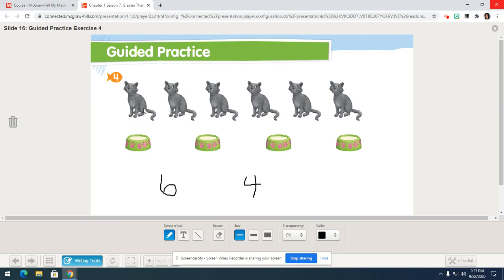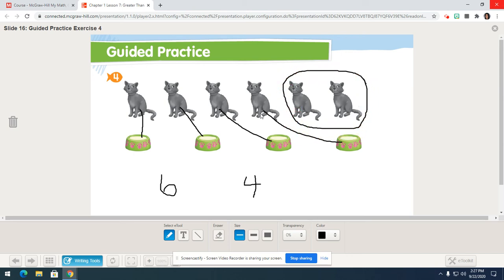Good. Draw a line from the kittens to the bowl and count. 1, 2, 3, 4. Go ahead and do that. Put a circle around the more than amount.